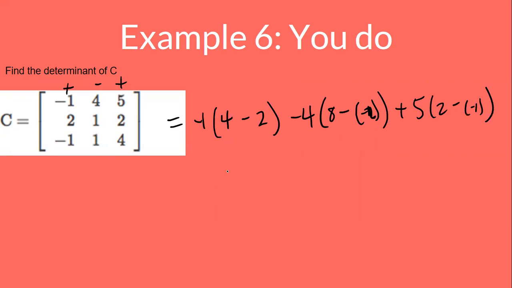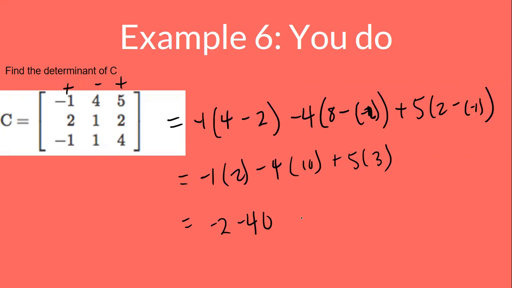And that gives you -1 times 2 minus 4 times 10 plus 5 times 3. Gives you -2 minus 40 plus 15 equals -42 plus 15 equals negative.